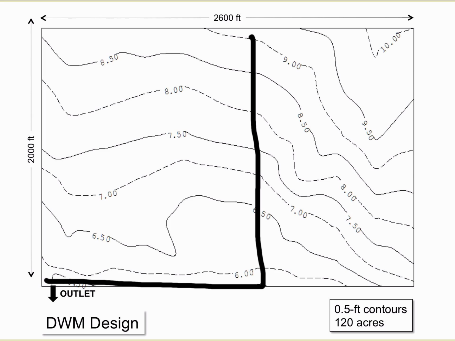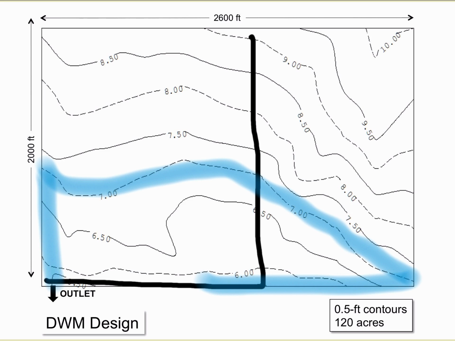And again, I had zones as before. My first zone goes to 7. My second zone goes to 8.5. And my third zone is up at the top of the field.